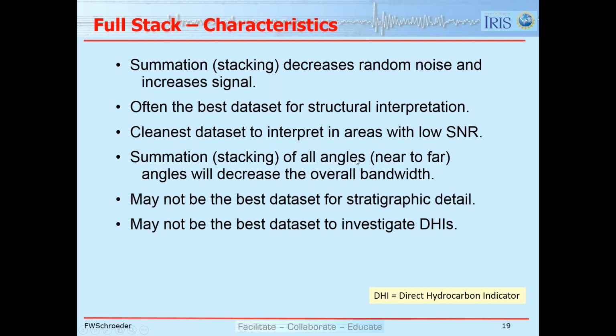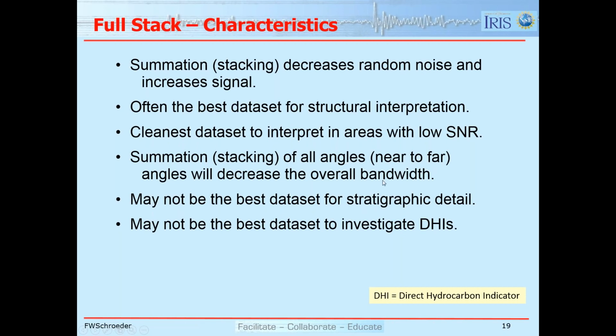Summation or stacking of all angles from a near offset to a far offset, or a near 0 incident angle to maybe an incident angle of 30 or 35 degrees, that's going to decrease the overall bandwidth of the data. So a full stack may not be the best data set for stratigraphic detail because of this reduction in the bandwidth.